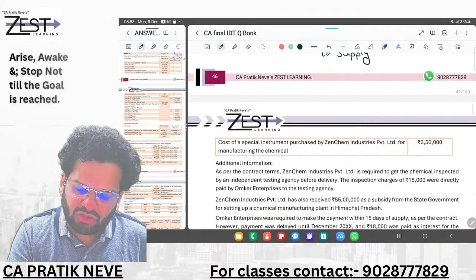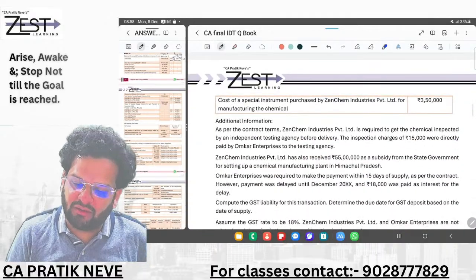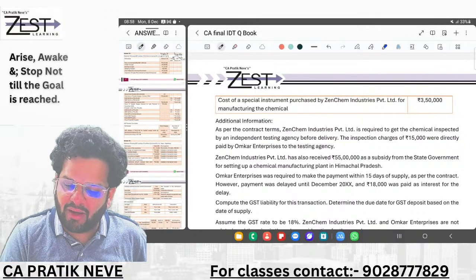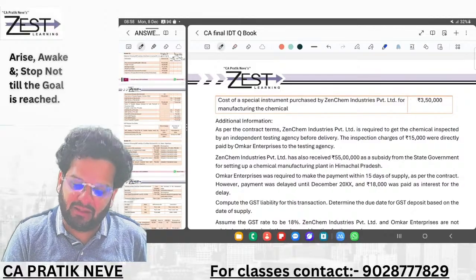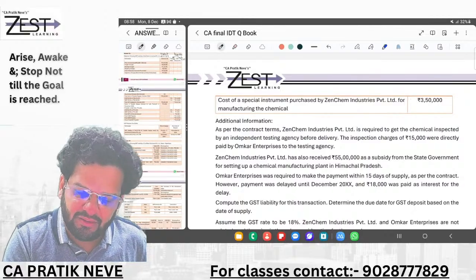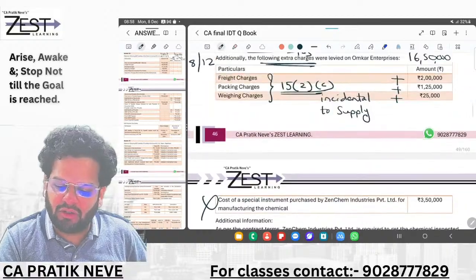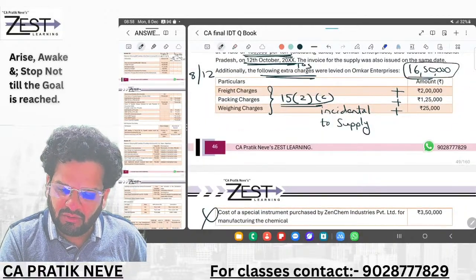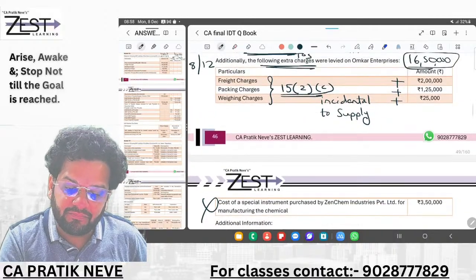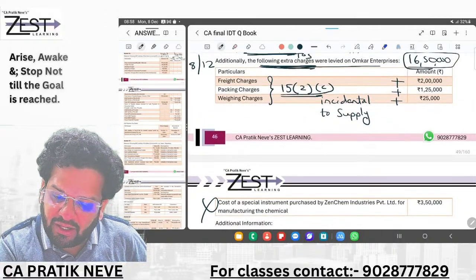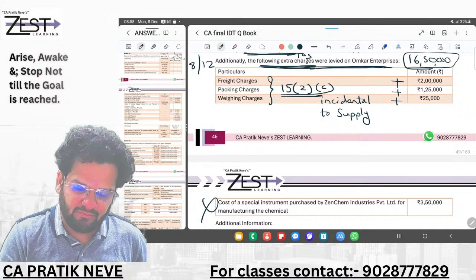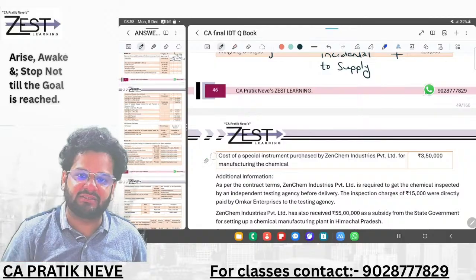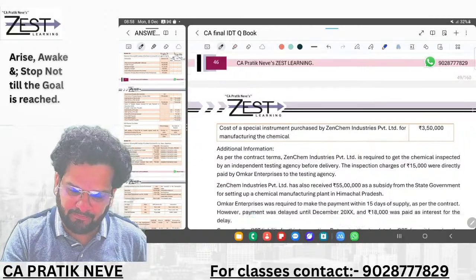Then the cost of a special instrument purchased by Zenchem Industries Private Limited for manufacturing the chemical. That won't be added because he would have already considered it in the 16 lakh 50,000. But these charges were levied to Omkar Enterprises, so if you have taken that amount from Omkar Enterprises, you'll have to add it.